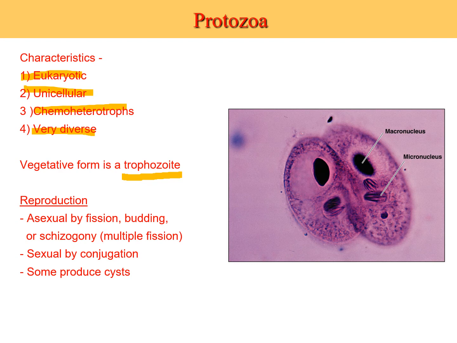They will reproduce by both sexual and asexual reproduction. And some, not all, but some will form cysts, which are very hard coatings that allow them to survive in adverse conditions like a dry state.